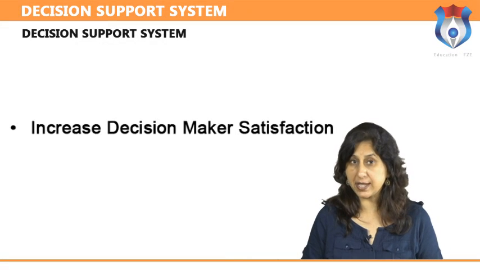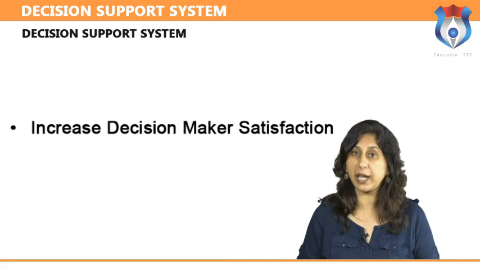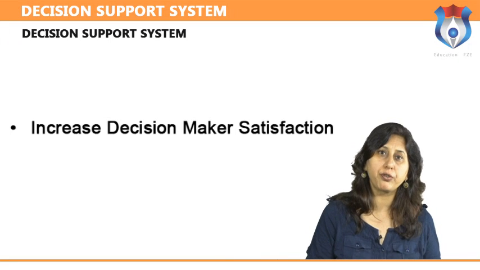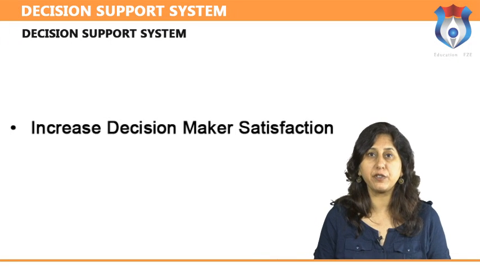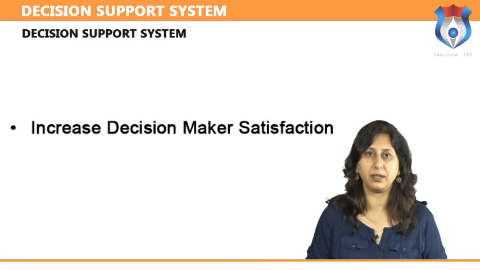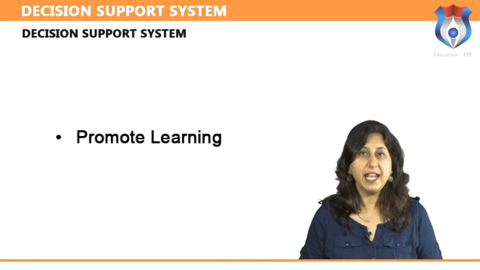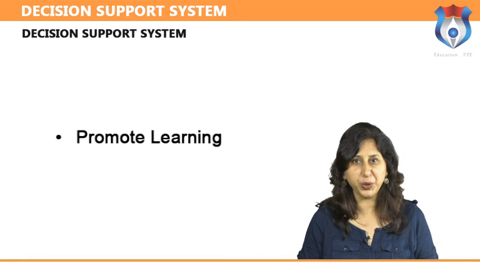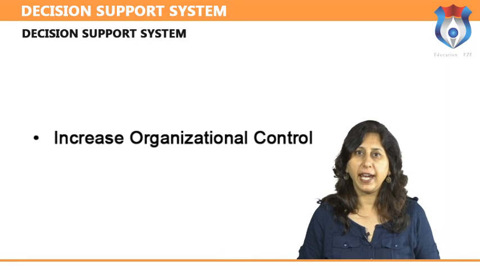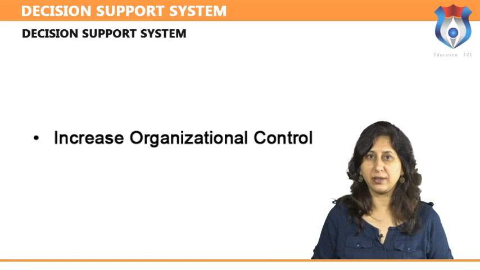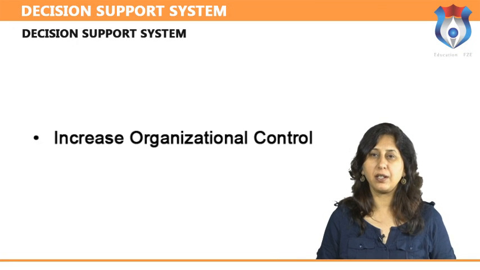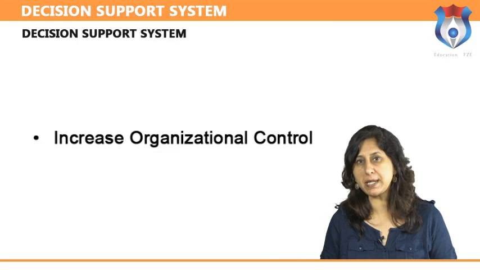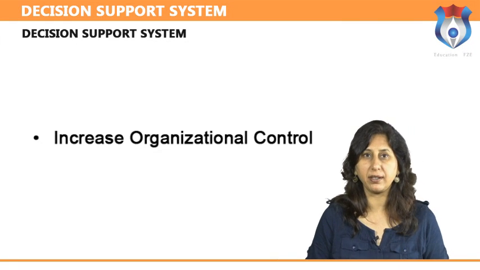DSS may reduce frustrations of decision makers, create perceptions that better information is being used, and or create perceptions that the individual is a better decision maker. Promote learning. Learning can occur as a byproduct of initial and ongoing use of a DSS. Increase organizational control. Data-driven DSS often make business transaction data available for performance monitoring and ad hoc querying.